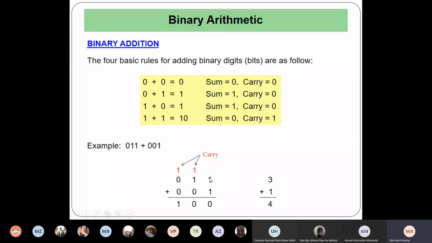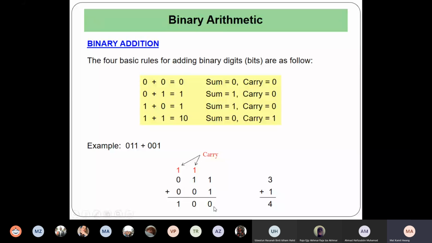So you add. 1 add to 1, the sum is 0 and you have 1 as a carry. The carry add to 1 and add to 0 is 1, 0. So the sum is 0 and you have a carry of 1. The carry add to 0 is 1. Add to 0 is 1. So the answer is 1, 0, 0.